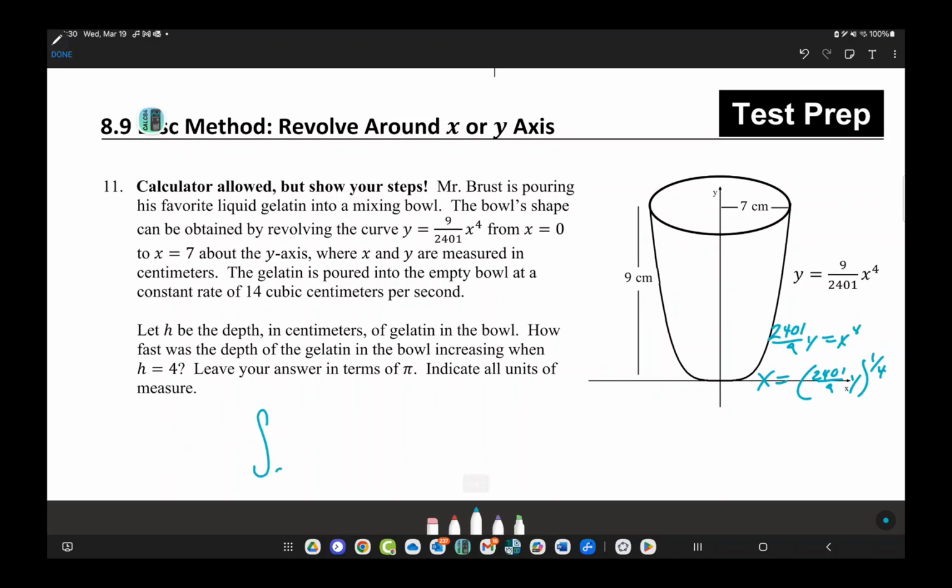What's my bound from 0 to what? 0 to 9, right? Wait a second, let's read this question. The bowl shape is maintained by revolving from x equals 0 to x equals 7.